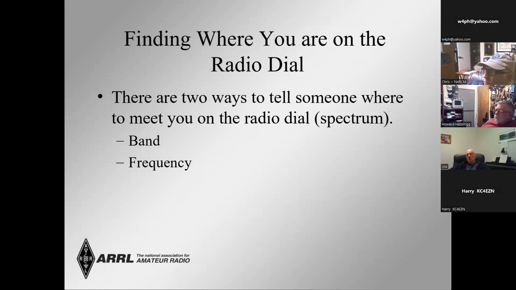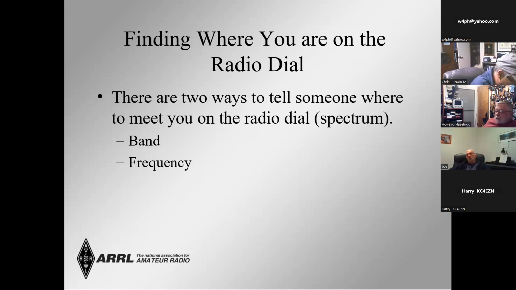And we're going to have to talk about the metric system here in a few minutes, so it'll be very simple. And then the 40 meter band, and its wavelength is 40 meters, roughly, and it's 7 to 7.3 megahertz.